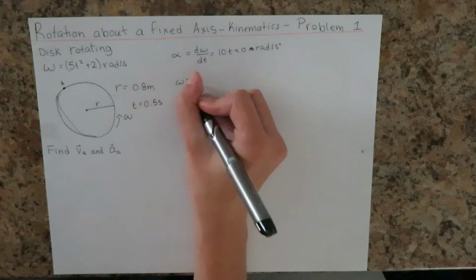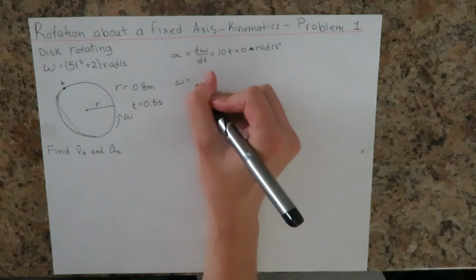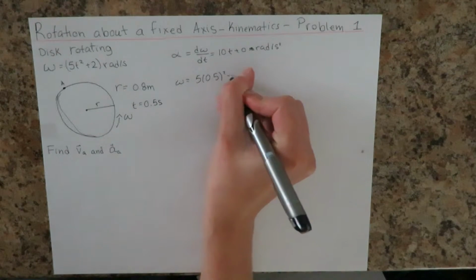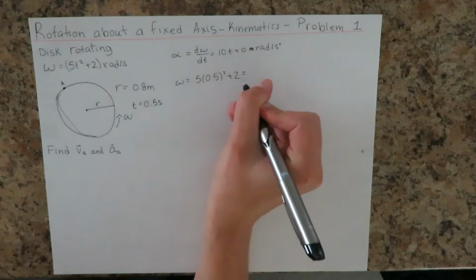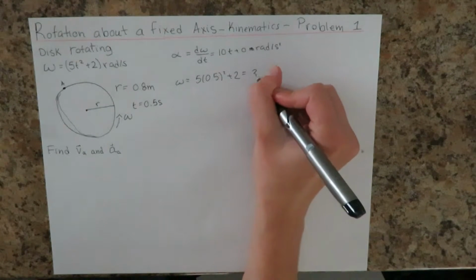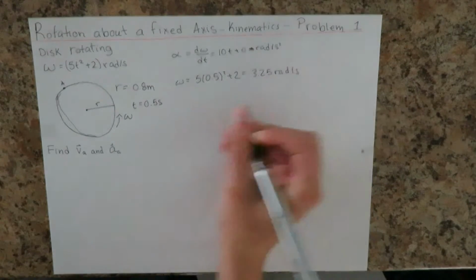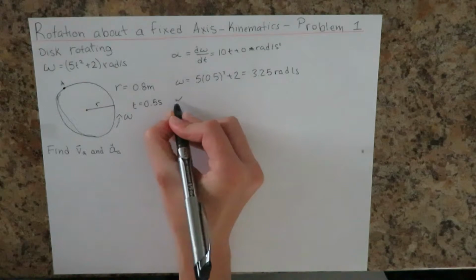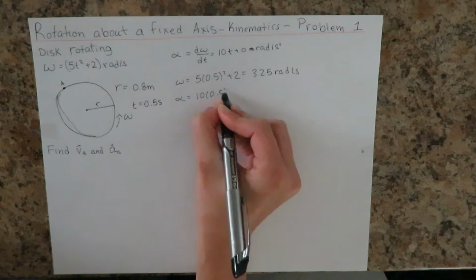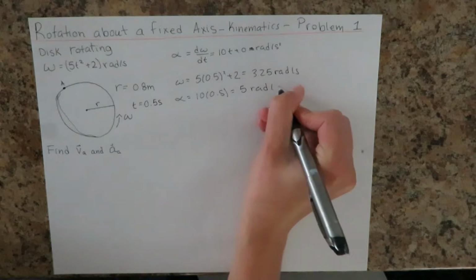So I'm going to sub in this time, and omega is equal to 5 times 0.5 squared plus 2, which gives us an omega value of 3.25 radians per second, and you can confirm that by putting that in your calculator. Alpha is the same, we're just going to sub in for our time, so it's 10 times 0.5, and you can probably do that in your head. That's going to give you 5 radians per second squared.